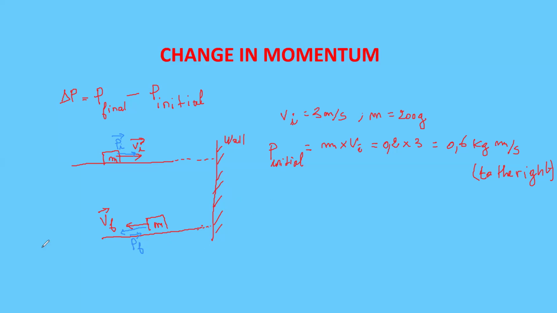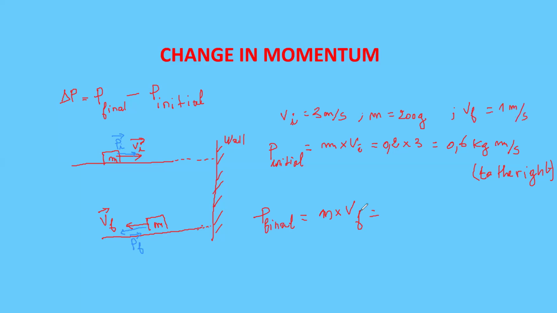So now I will calculate the value of the final momentum. P final is equal to m, the same mass, multiplied by V final. Suppose the final velocity is 1 meter per second.